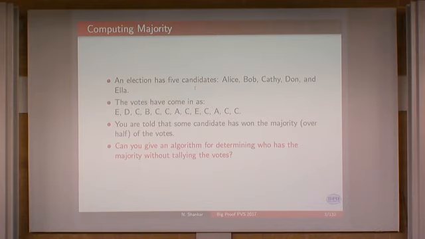Five counters? Just have 5 counters? No, we don't know how many candidates there are. It says 5. Yeah, but in general, you can vote for yourself also. This one happens to have 5.